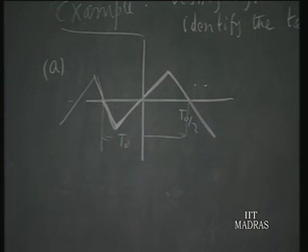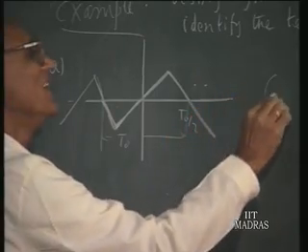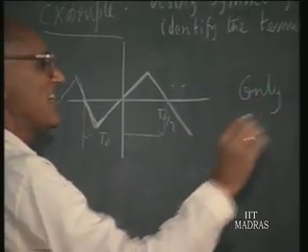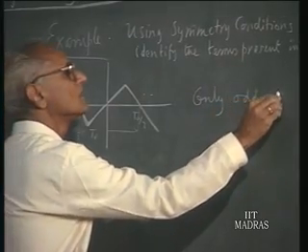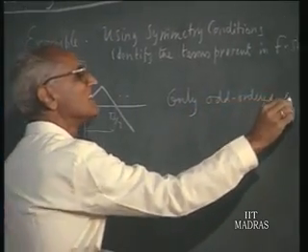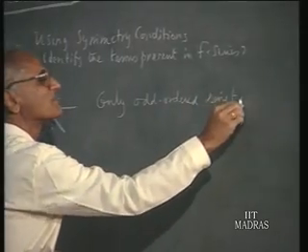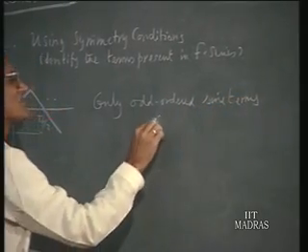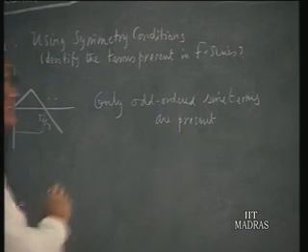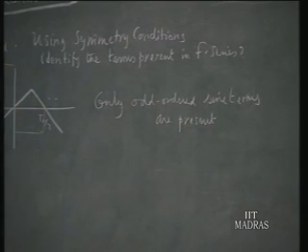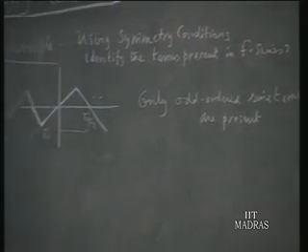So the result is that this can have only sine terms but odd harmonics. So odd ordered sine terms are present in this waveform. You can't expect cosine terms, you can't expect second harmonic, fourth harmonic and so on, certainly not DC.